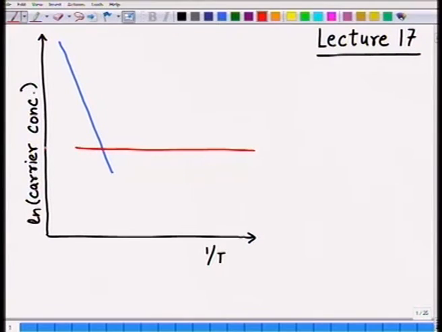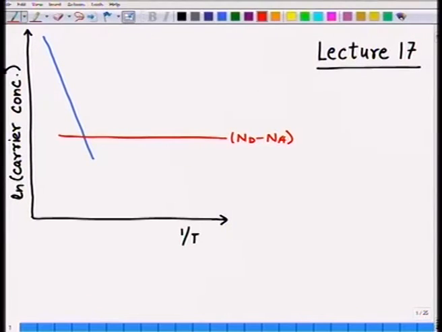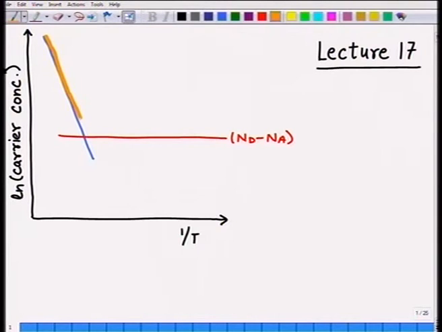For example, if it is n doped material, then this quantity is Nd minus Na. On this scale, if it is already a log scale, then you will directly read Nd minus Na, otherwise you will read log of this number. Then we had said that the behavior of the actual concentration which we get is something like this.